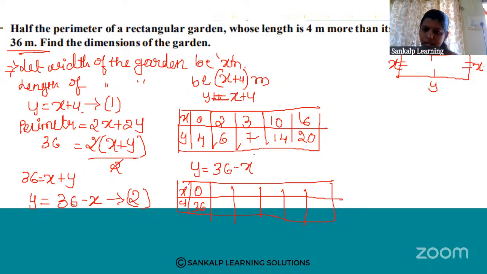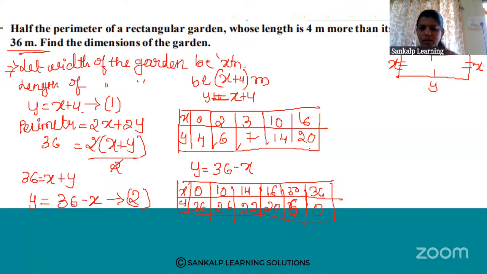So if I substitute x is equal to 10, what will I get? 36 minus 10 is 26. If I substitute x is equal to 14, 36 minus 14 is 22. If I substitute x is equal to 16, 36 minus 16 is 20. If I substitute x is equal to 30, 36 minus 30 is 6, right? If I substitute x is equal to 36, what will I get? 36 minus 36 is 0.